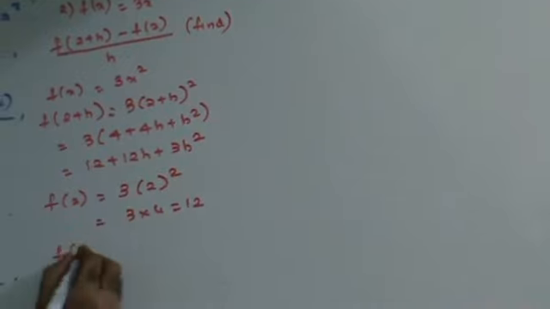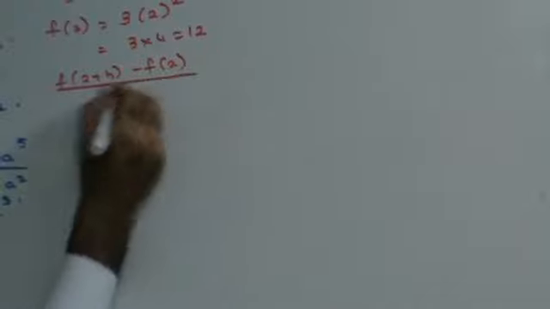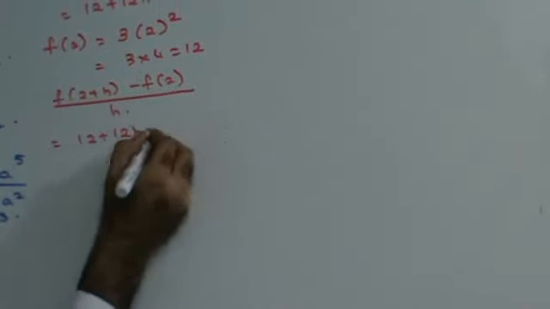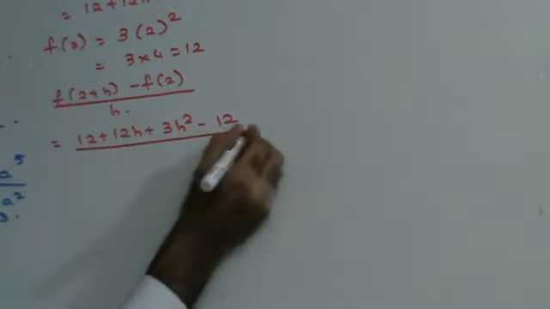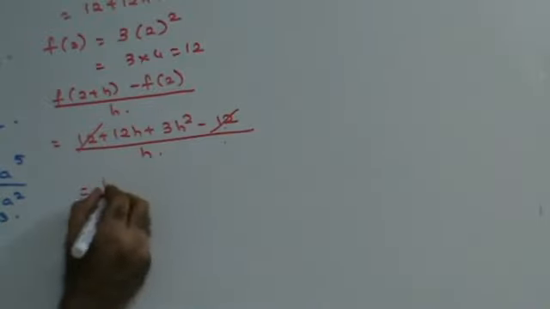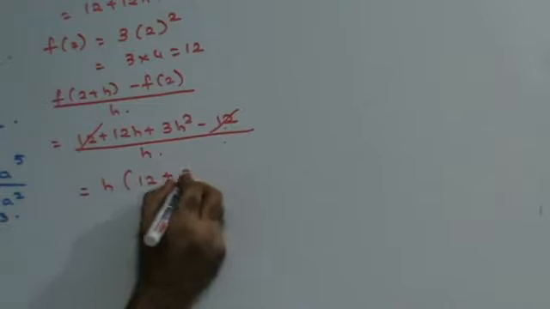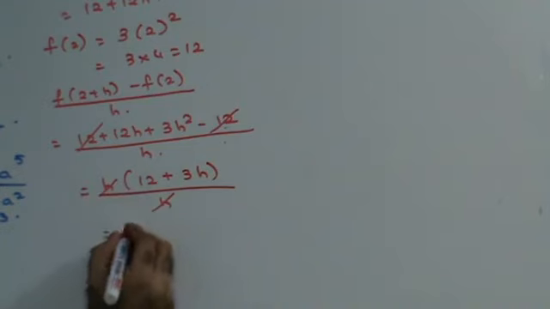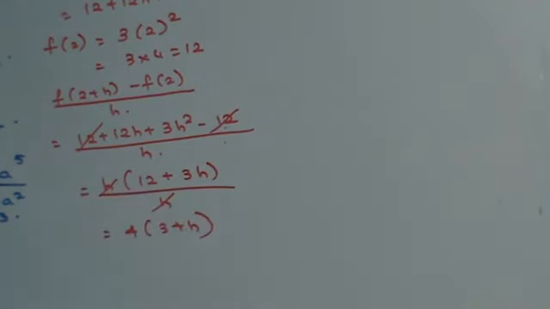So f of 2 plus h minus f of 2 upon h can be written as 12 plus 12h plus 3h square minus 12 upon h. 12 minus 12 gets cancelled, h is common, so I can say 12 plus 3h upon h, h and h gets cancelled, 4 common, 3 plus h. Answer is 4 into 3 plus h.